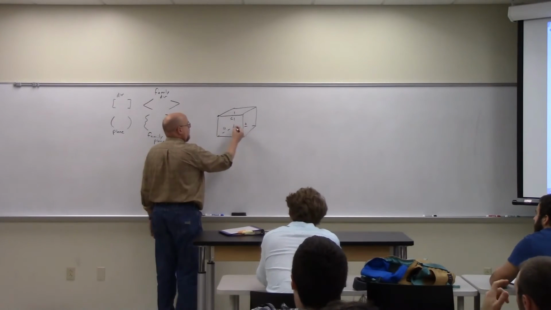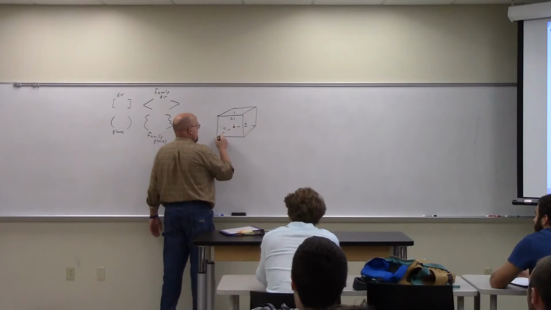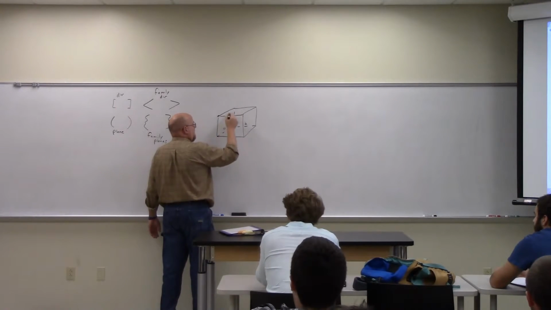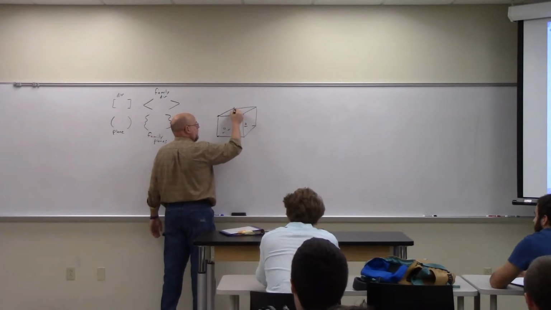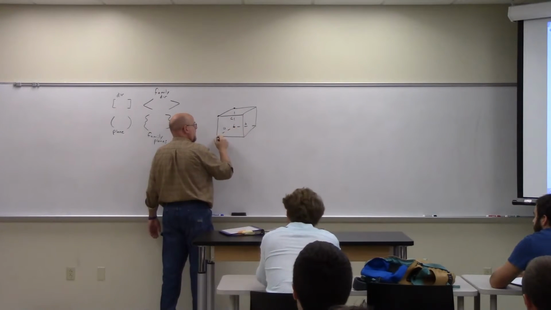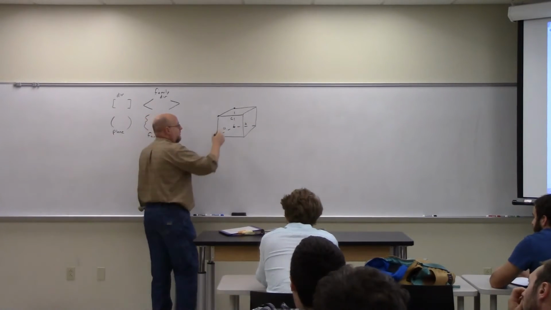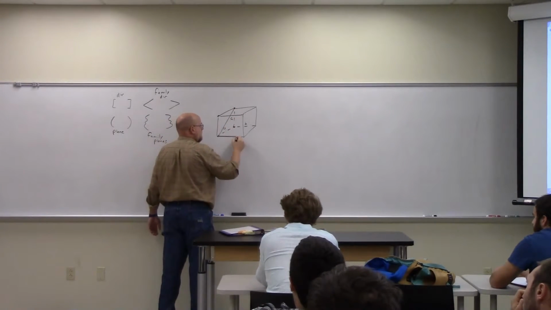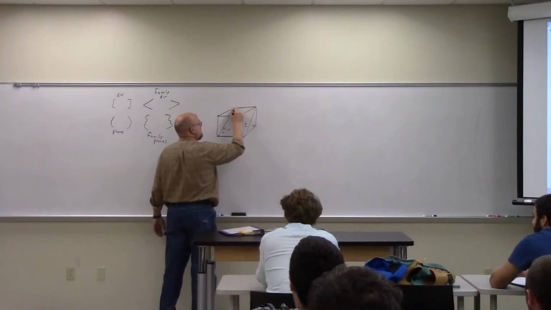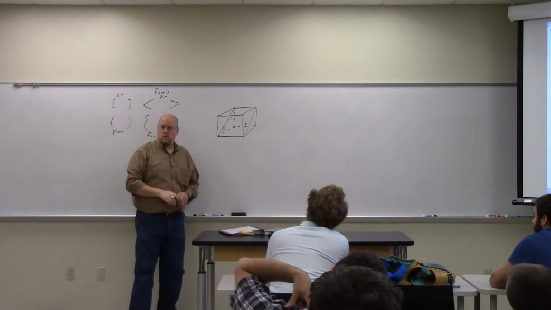So to find the 101 plane, I want something that intersects A at 1, B at 0, and C at 1. So I go up, it intersects C at 1, intersects A at 1, and it never intersects B. So it is this plane that I would draw.